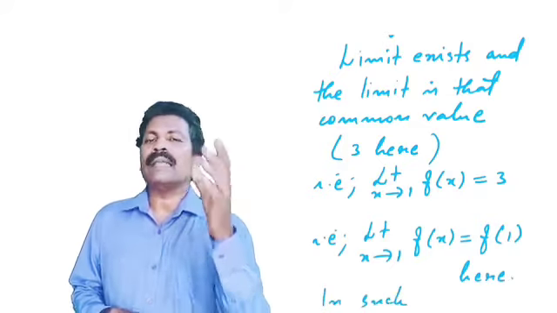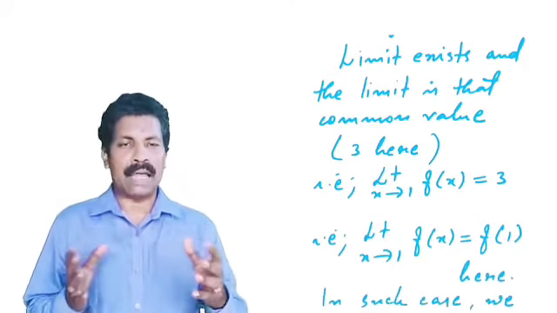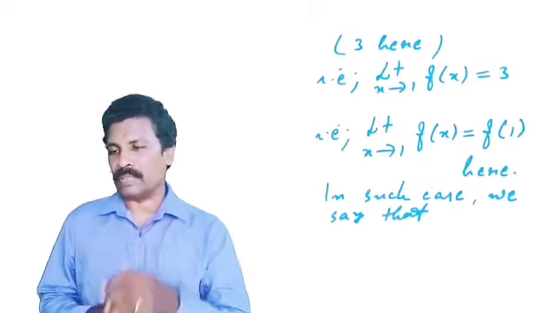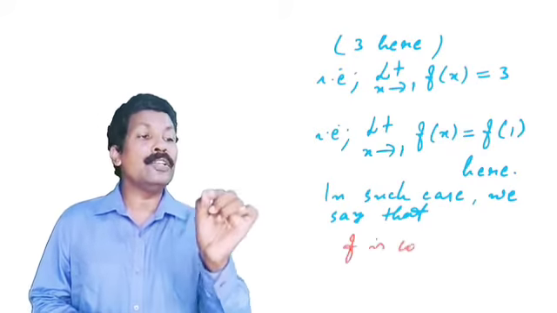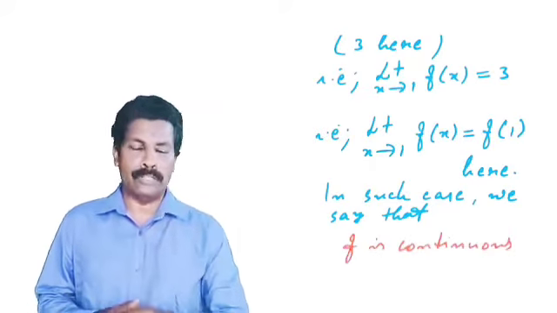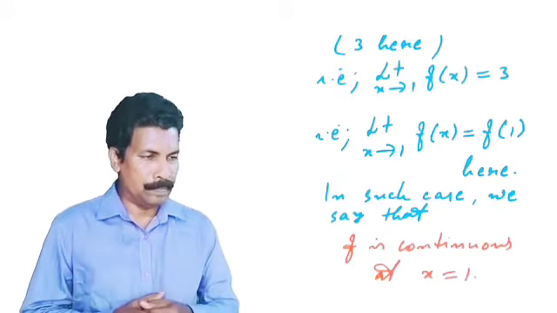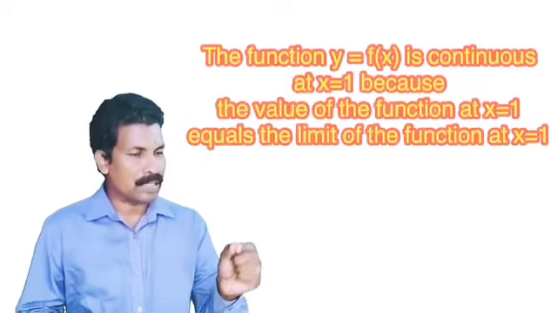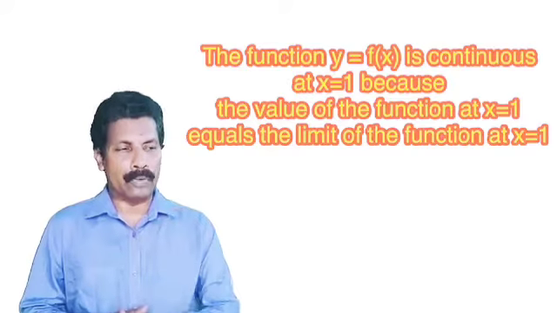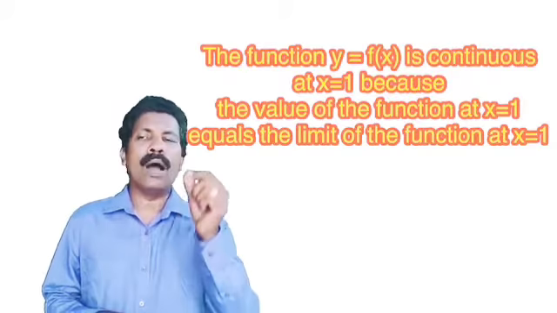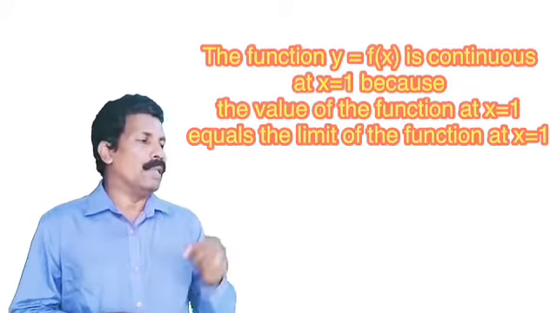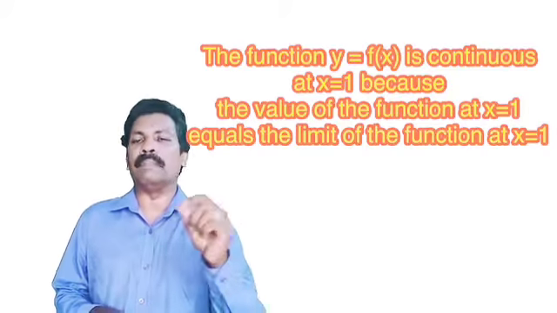Then, in such a case, we can say that the given function y is equal to f(x) is continuous at that point x equal to 1, because the value of the function at x equal to 1 equals the limit of the function at that point.